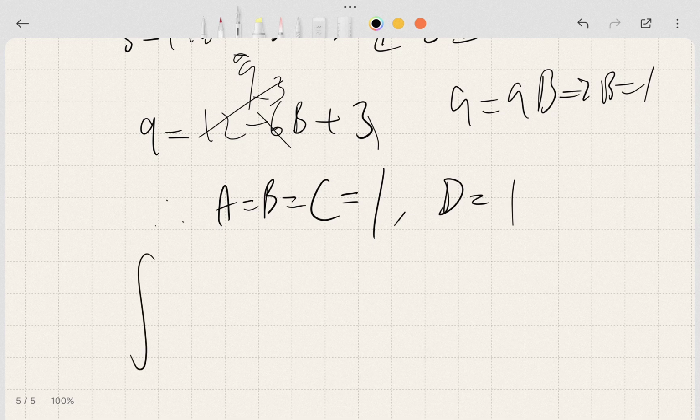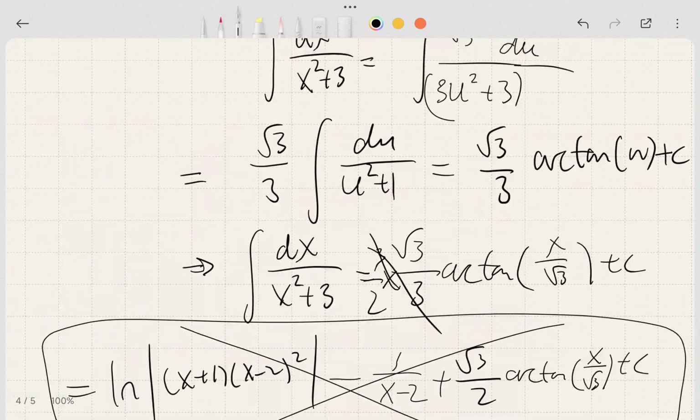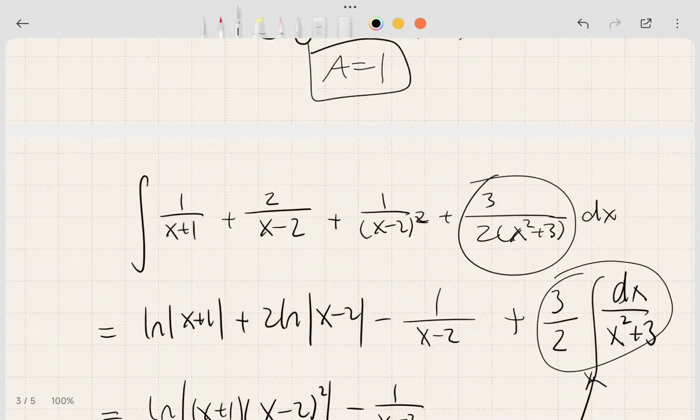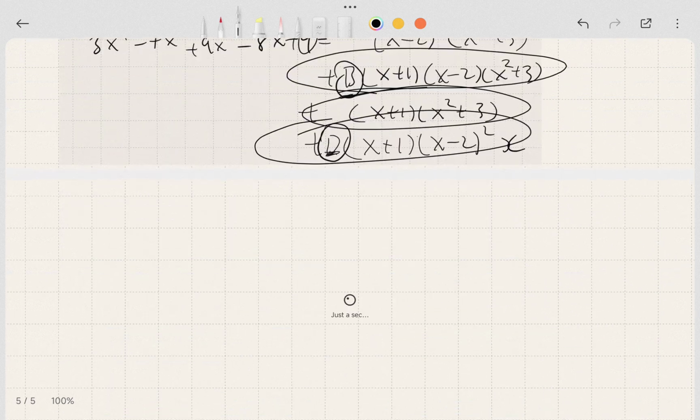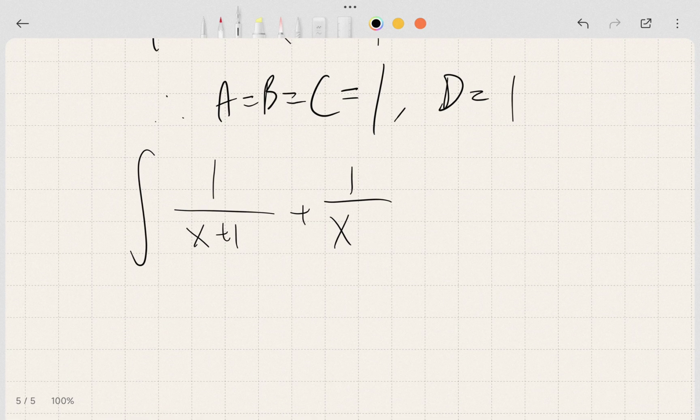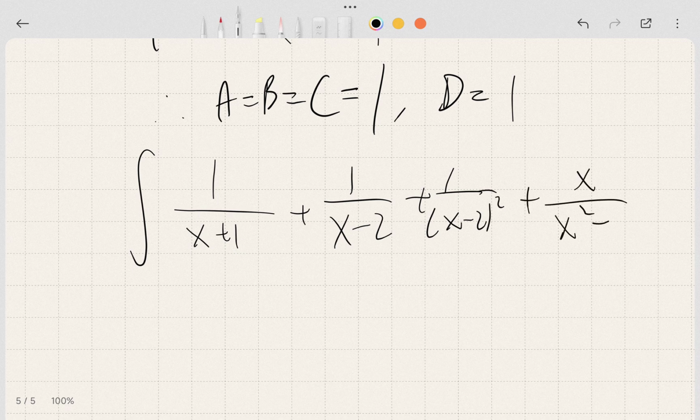So the integral is now 1 over x plus 1 plus 1 over x minus 2 plus 1 over x minus 2 squared plus x over x squared plus 3 dx.